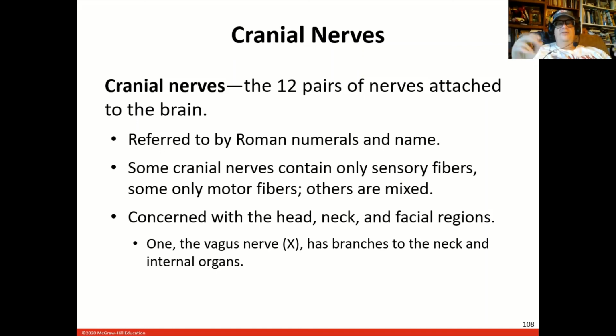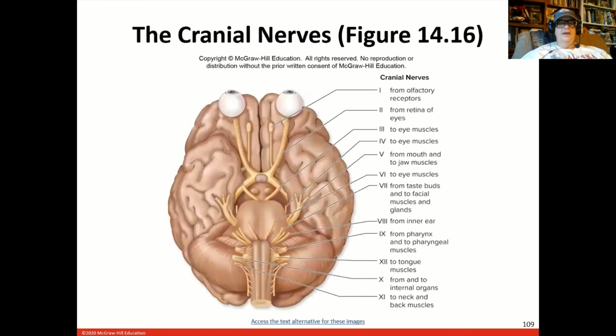Yes, but when we say the internal organs, it has branches going all the way down to the heart, all the way down to the rectum and the anal canal. Well, the anal canal with the anus. So yeah, that cranial nerve 10 goes everywhere.